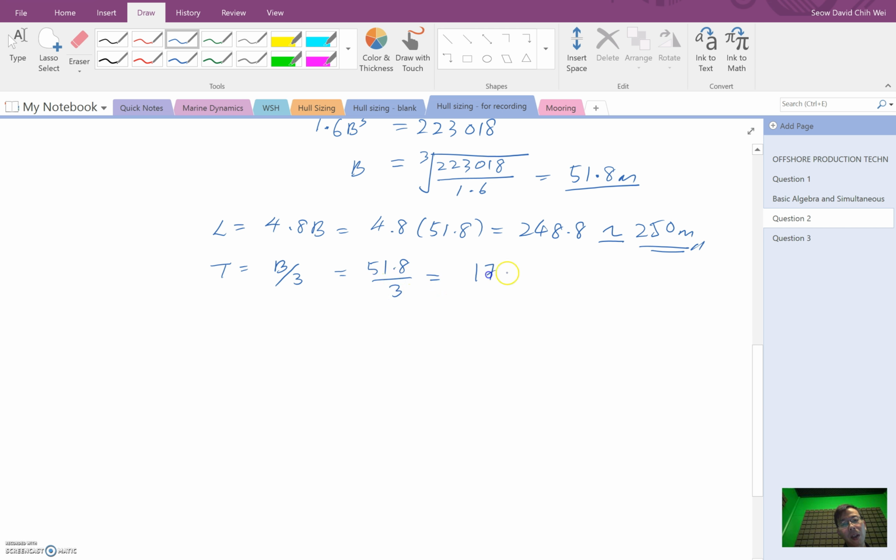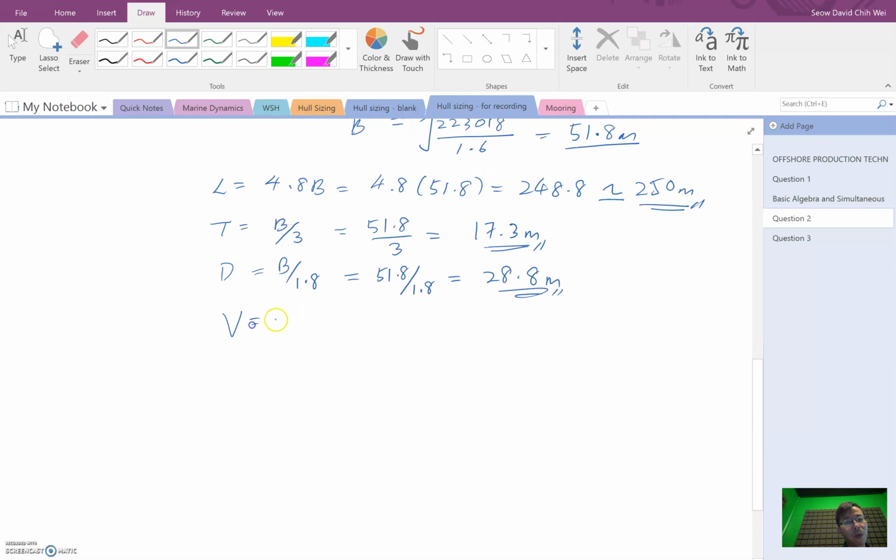I get 17.3 meters. And my D, B divided by 1.8. So I get 28.8 meters. And of course my V, underwater volume from above, is 211,870 meter cube.